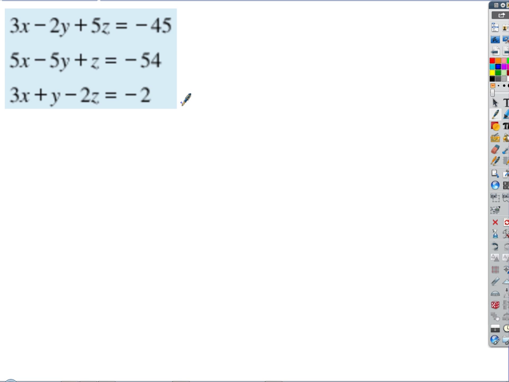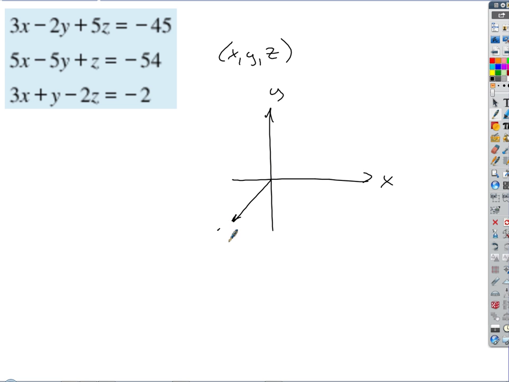So our answer is going to be in the form (x, y, z), where x, y, and z will be the coordinates in 3-dimensional space. So instead of just having x and y axes, now we've got a z axis coming out of the board. So it's 3-dimensional.